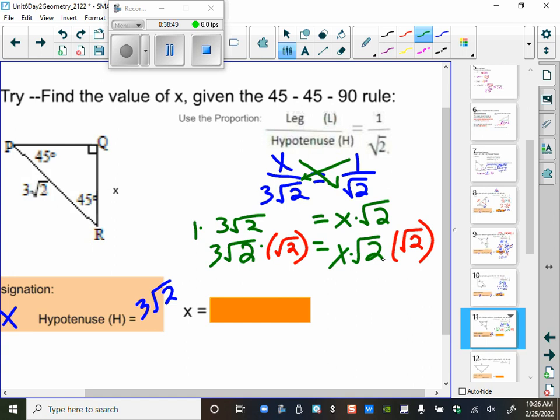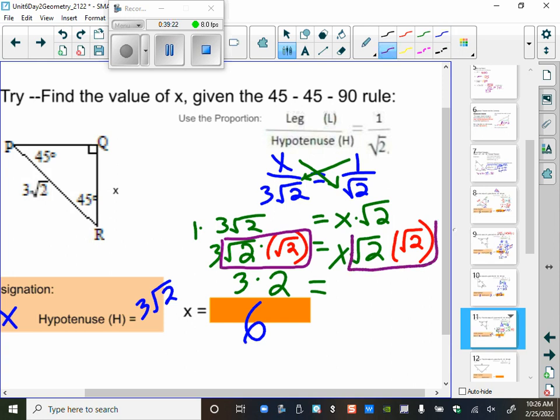Then we multiply both sides by square root of 2. Well, what happens when we multiply this square root of 2 by that square root of 2? It's 2. Good. So for right now, we have 3 times 2 equals 6. That's right. Over here, same thing.